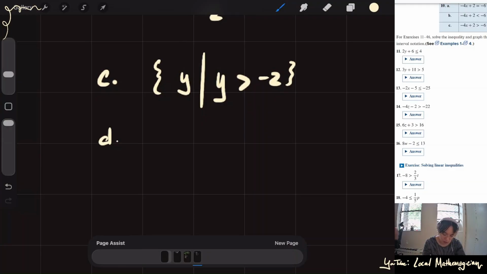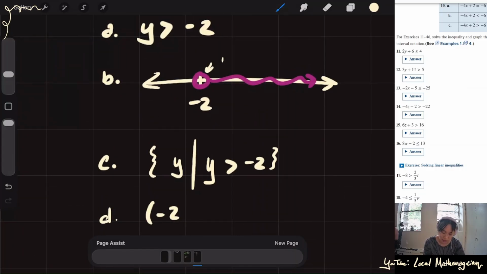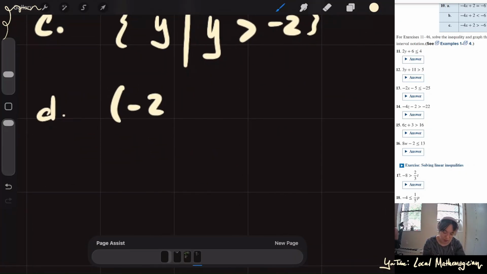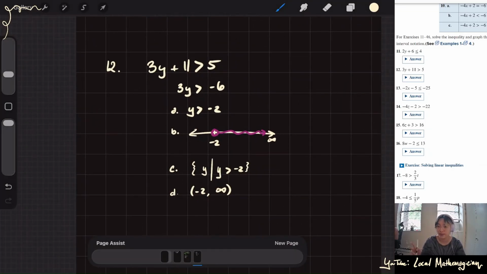This interval will be y is bigger than negative 2, so open circle on the negative 2, so it matches the graph. I want to put an infinity over there. I forget sometimes. And it's bigger, so all things bigger, all the way up to positive infinity. And you're done. Easy. Okay, now let's do something a little bit harder.